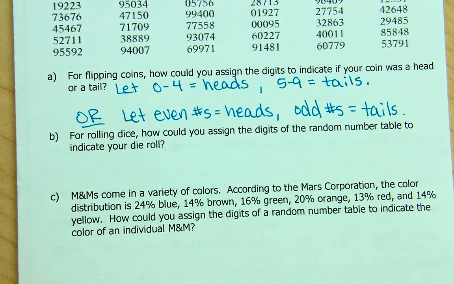For rolling a die, if we were going to roll dice, how many different outcomes are possible on a standard die? 6. So we need each outcome to have a 1 in 6 chance of happening. So could we use one-digit numbers?